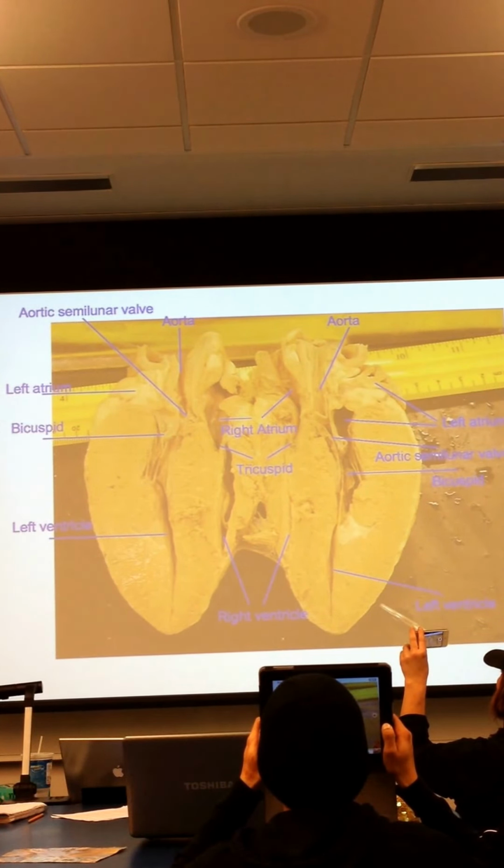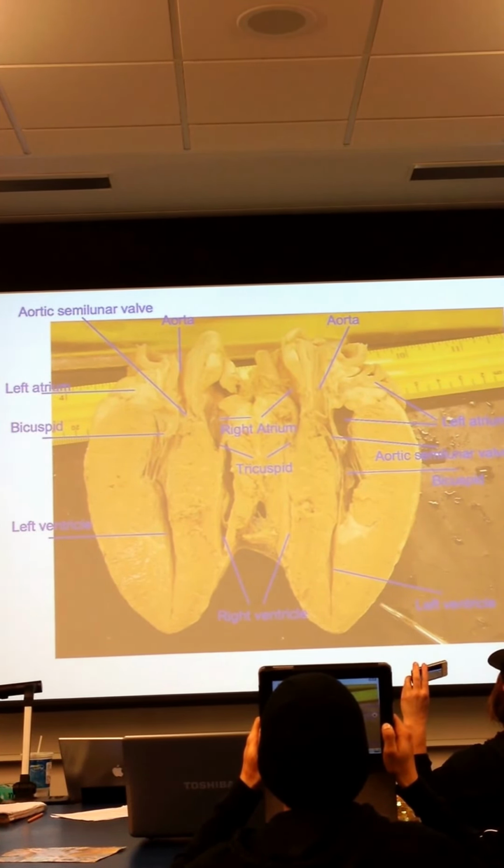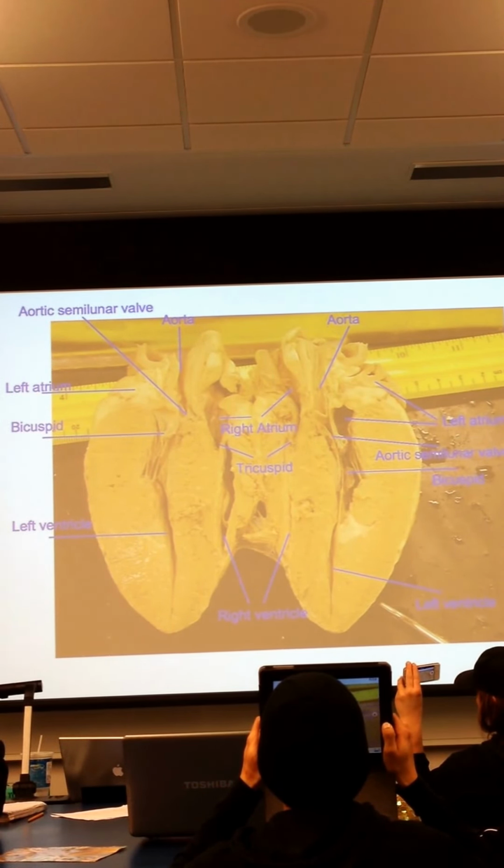Why in the other pictures was it more hollow, and in this one there seems to be a lot of tissue blocking? It's a very good question. We've actually looked at hearts from 3 different specimens without you guys really knowing it. The first was the pig heart. This is the sheep heart. The second one was the human heart.